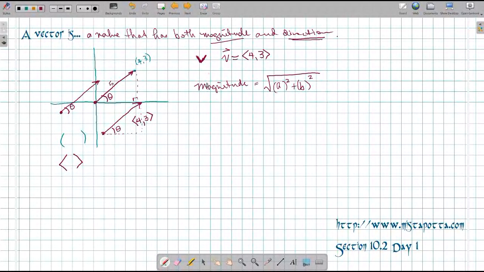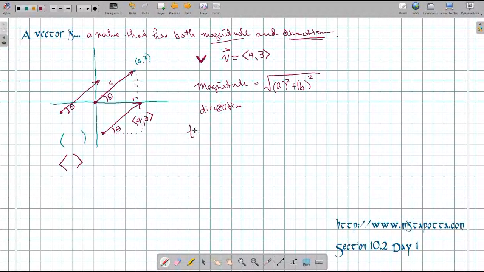And the other important thing is direction. When I'm talking about direction, since I'm talking about this angle, it is a situation where I know the opposite leg and I know the adjacent leg.